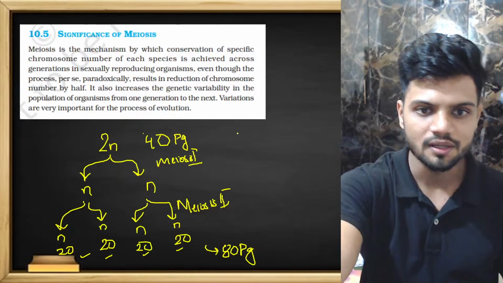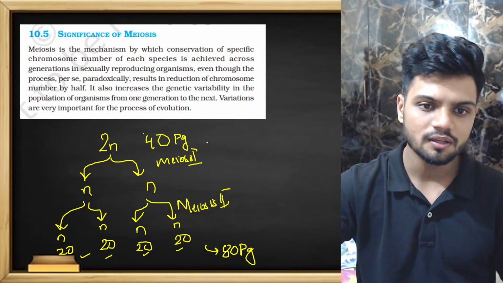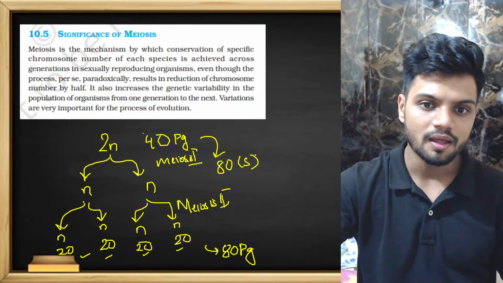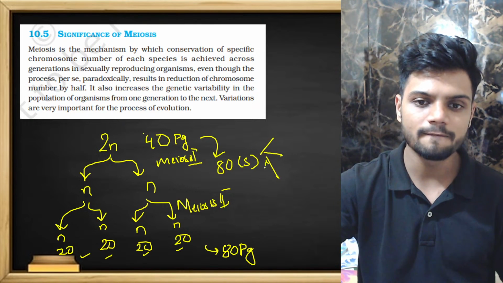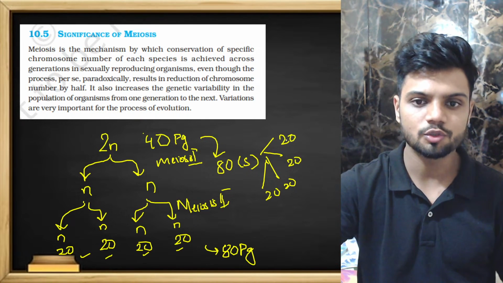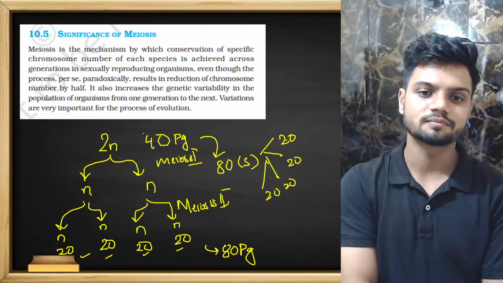So can I tell this 40 became 80 in the S phase. Now this 80 is divided into 20, 20, 20 and 20 picogram of DNA.